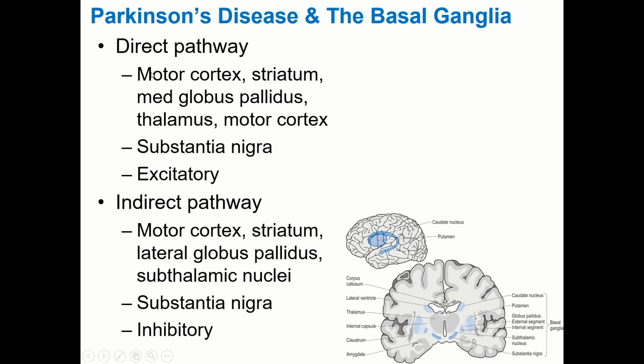So there's two pathways. The direct pathway through the basal ganglia is an excitatory pathway, so it's going to cause muscle contraction. The indirect pathway is an inhibitory pathway, meaning it's going to stop muscle contraction.